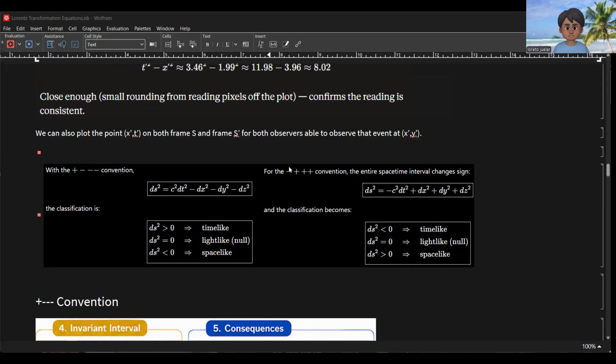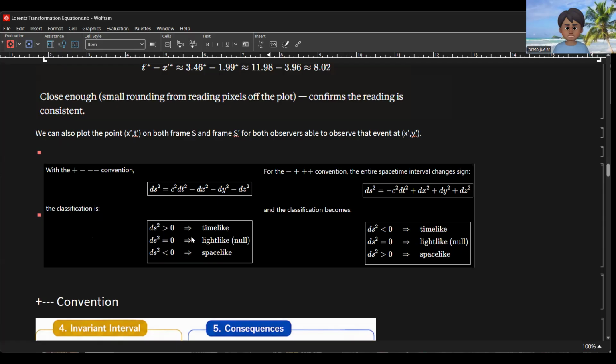Then for the negative, positive, positive, positive convention, the square of the differential of s is equal to negative c squared dt squared, where dt is the differential of time, plus dx squared, the differential of x, then the square of the differential of y and the square of the differential of z.